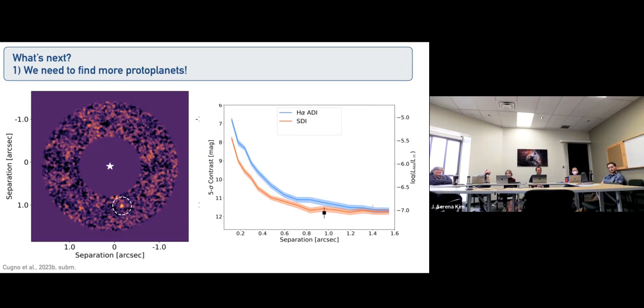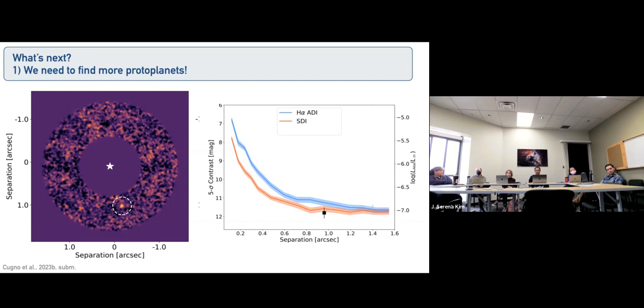On the right-hand side, you can see the contrast curves, again, obtained with Applefy. The blue one is simple ADI on the H-alpha data set, on the H-alpha filter, while the red one is the spectral differential imaging, so the subtraction of the continuum from the H-alpha, and then on top of it, we have some sort of angular differential imaging.